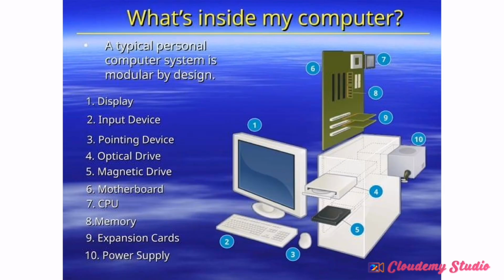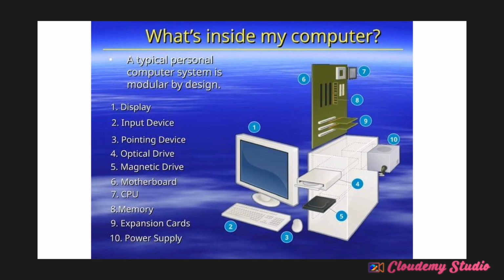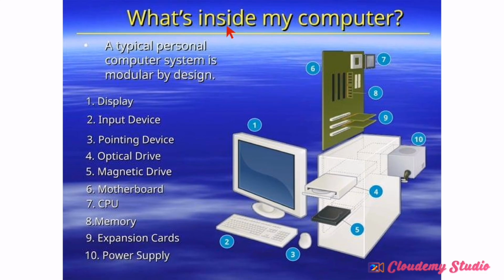Here we have what's inside my computer. Here we're going to look at the things that are inside the computer. A typical personal computer or PC system is modular by design.